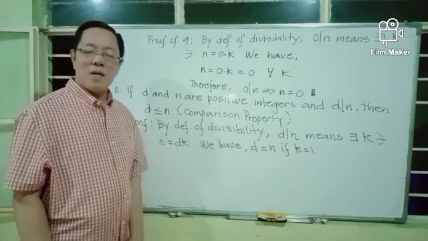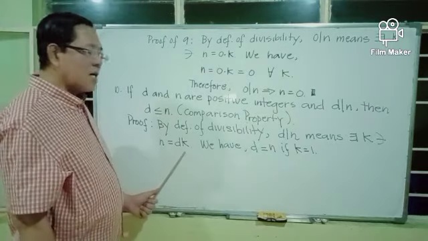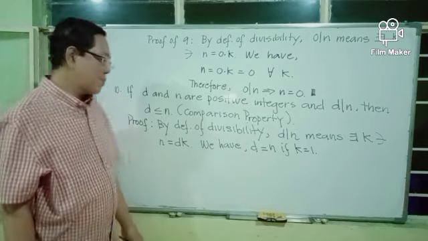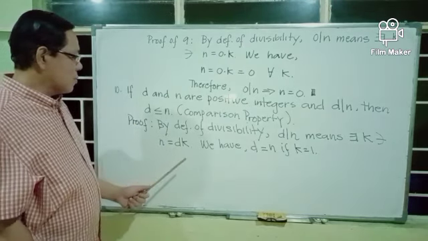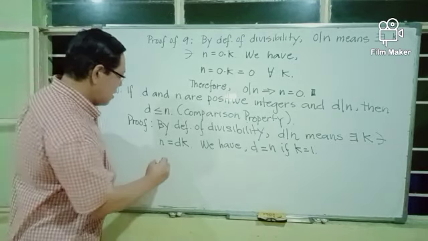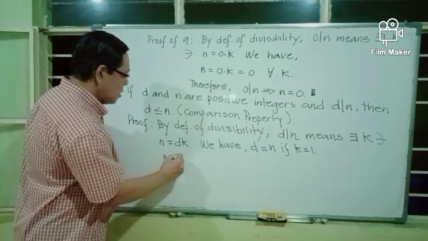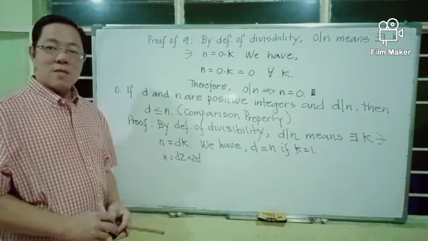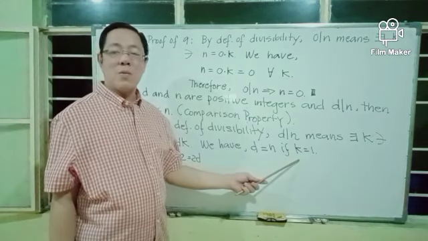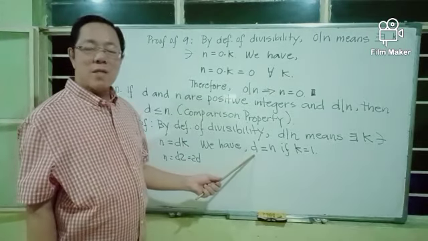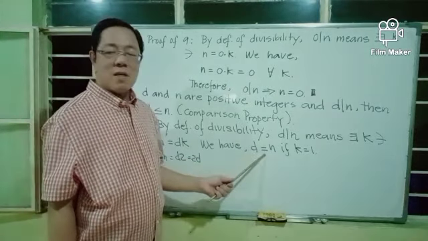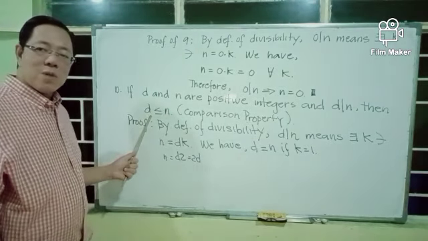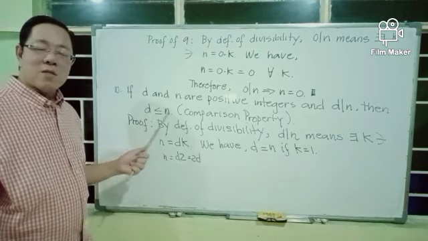Now, if the integer K is not equal to 1 but greater than 1, say 2, then you would get N is equal to D times 2, or 2 times D. If K is equal to the integer 1, we have shown that the positive integer D is exactly equal to the positive integer N, which is one of the conclusions in this comparison property.